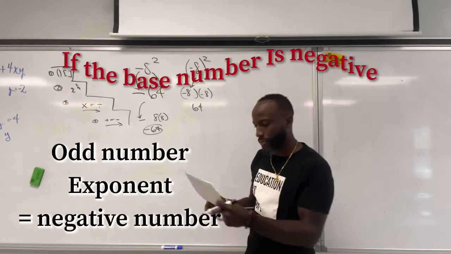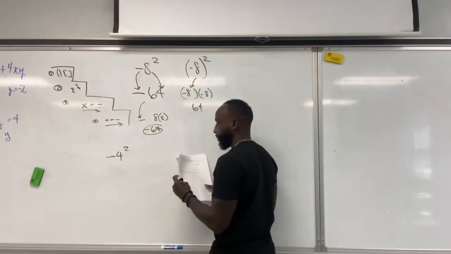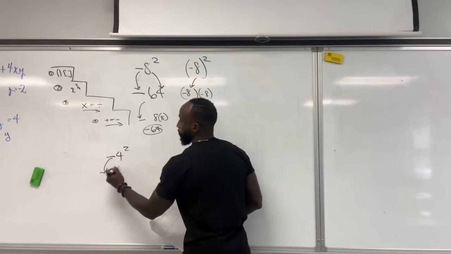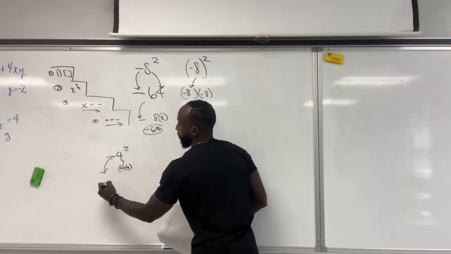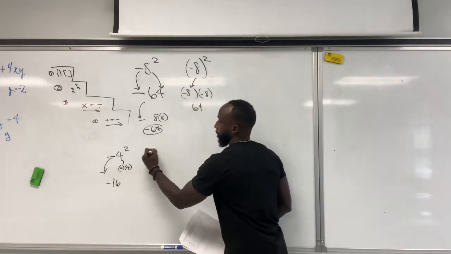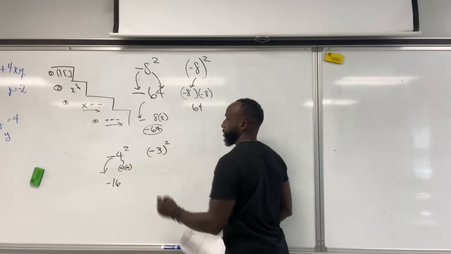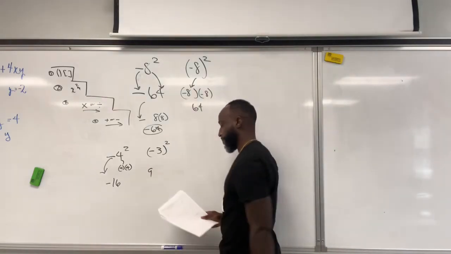So let's look at some examples. If I have -4 to the second power, again, this negative sign moves along, and this 4 does its own thing, 4 times 4. So you end up with -16, okay? What about this? This is -3 times -3, which gives you your 9.